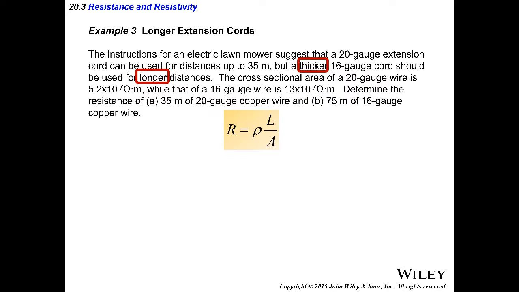So you need a long extension cord. For those long extension cords, you better use a thicker one. Thicker means that A is bigger. And when A is bigger, then your resistance would be less.